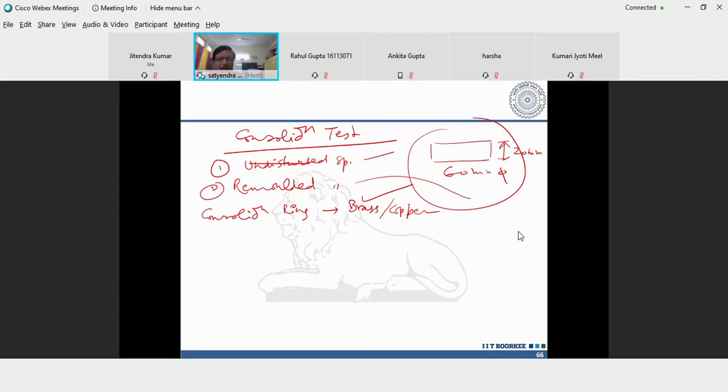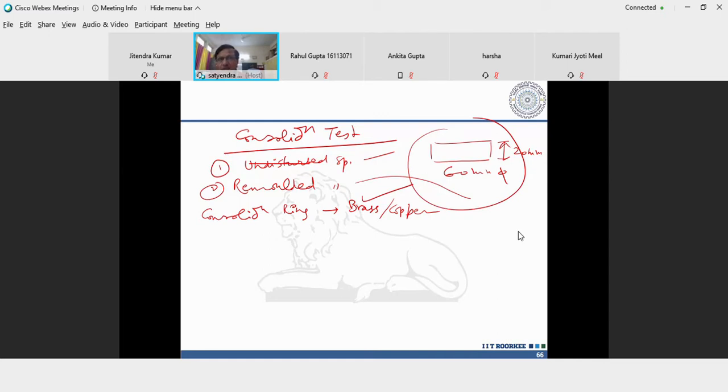Now in the consolidometer setup, I have already shown you the diagram in which the porous stones are kept. Below the specimen and also above the specimen, porous stones are placed.